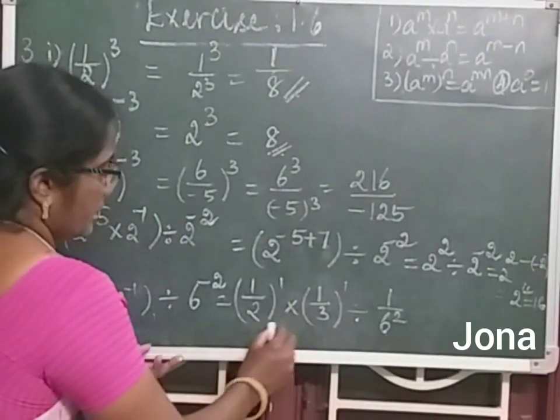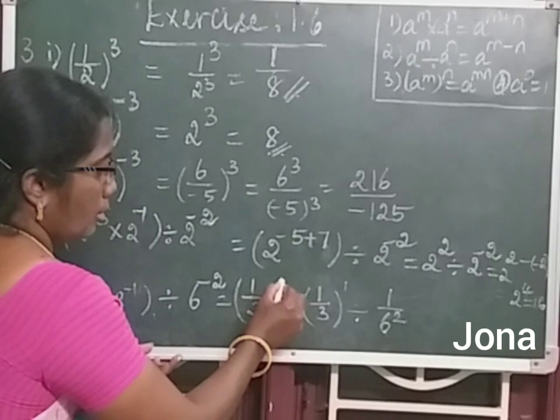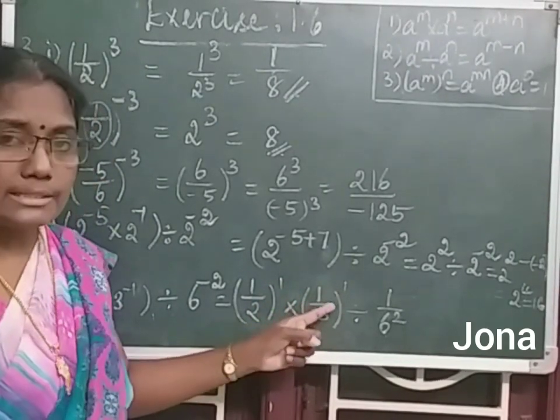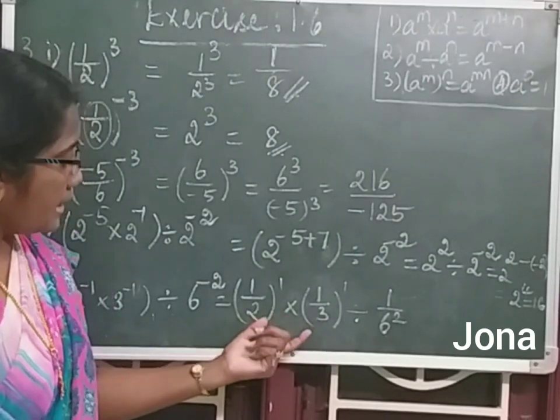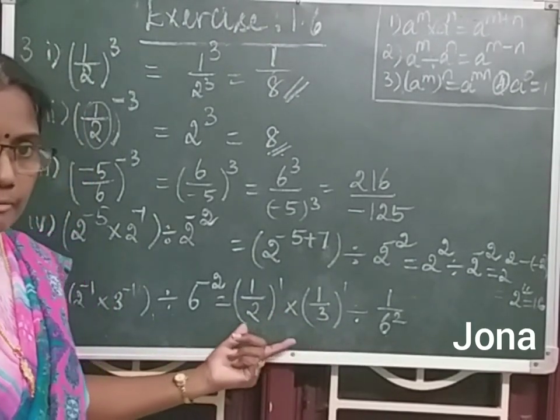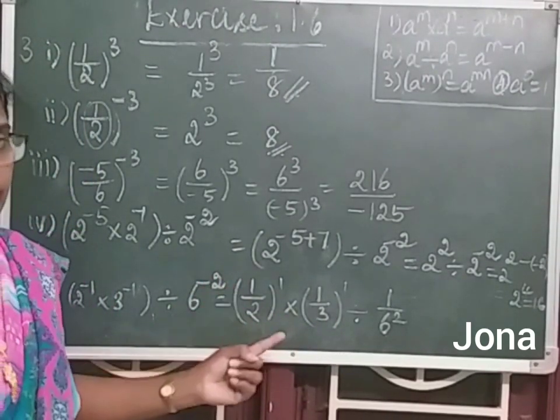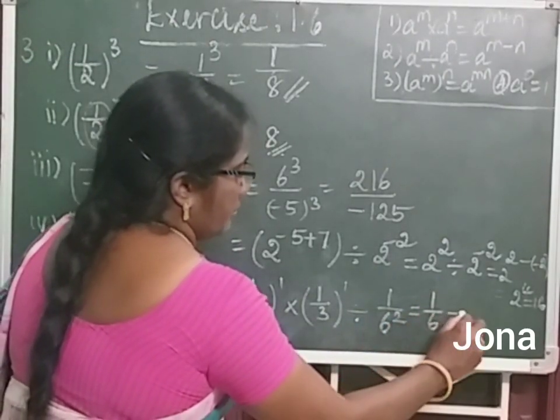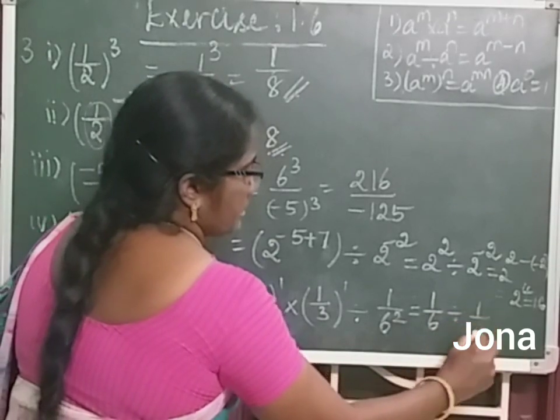So this 1 by 2 whole power 1 is nothing but 1 by 2. This 1 by 3 whole power 1 is nothing but 1 by 3. So straight away I can multiply these two, that will be 1 by 6. So it will be 1 by 6 divided by 1 by 6 square.